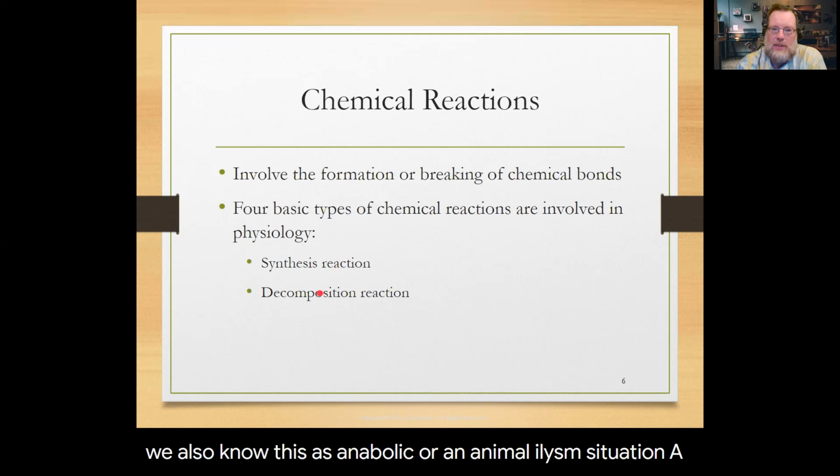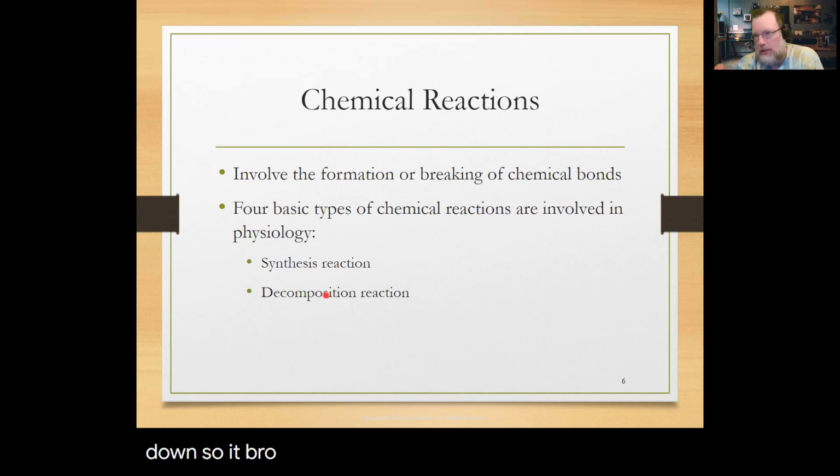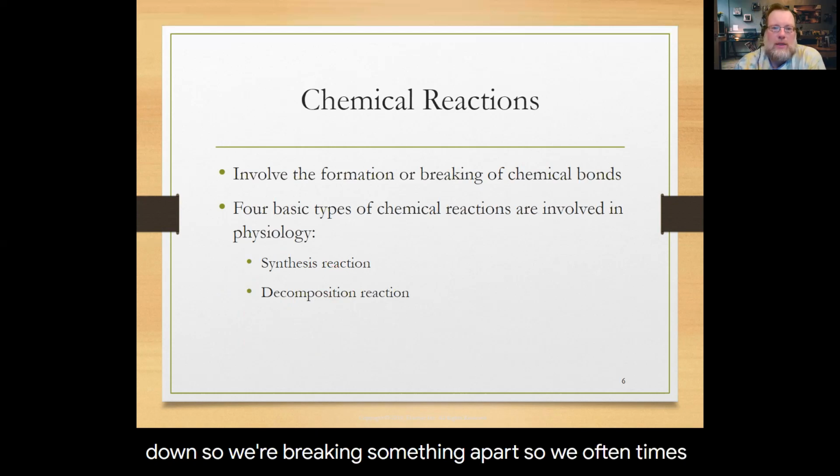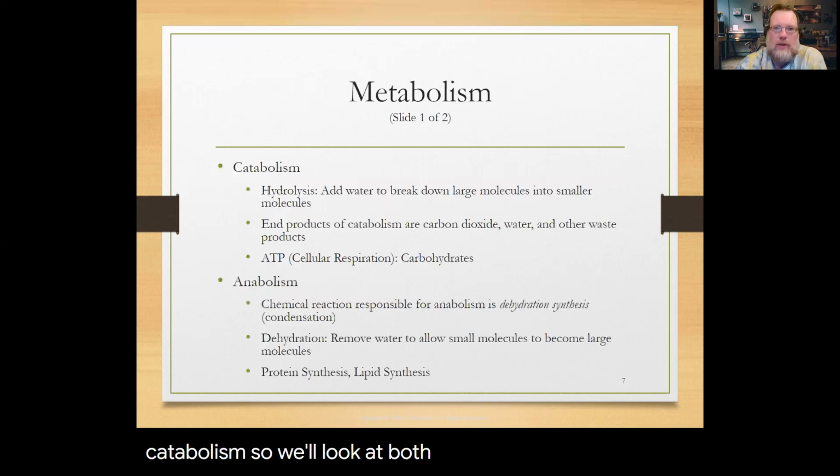A decomposition reaction is when we're breaking something down, so we're breaking something apart. So we oftentimes refer to that as a catabolic reaction or catabolism. So we'll look at both of these in a little bit more detail.